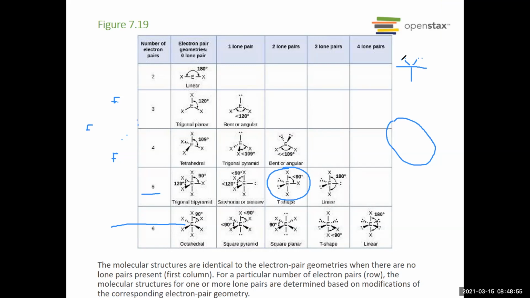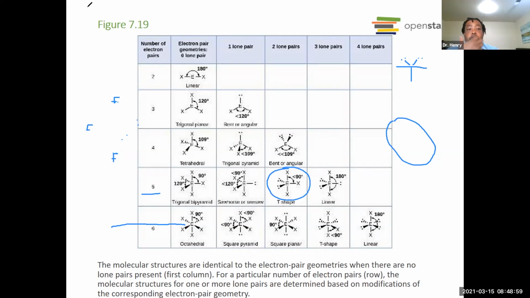Okay. But if we're talking about the electron pairs, you want to take electron pairs and the attachments together. So then that would be trigonal bipyramidal. Okay.